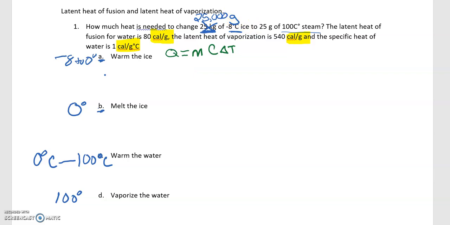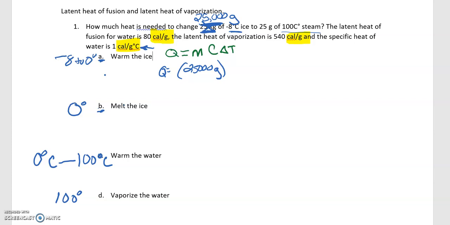So now, the mass of our substance is 25,000 grams. Okay, the specific heat. Now, we are using just the regular specific heat of water because we are not in a phase change. When we get into melting, we will use the heat of fusion, and when we are boiling, we'll use the heat of vaporization.